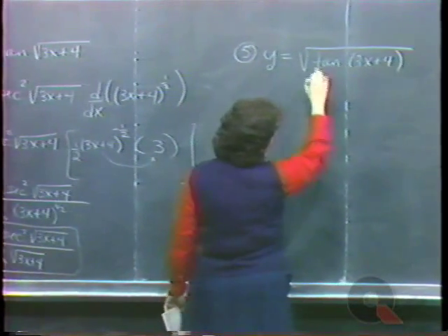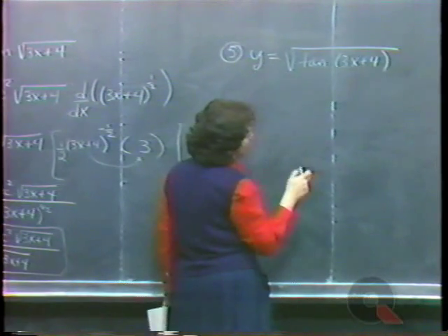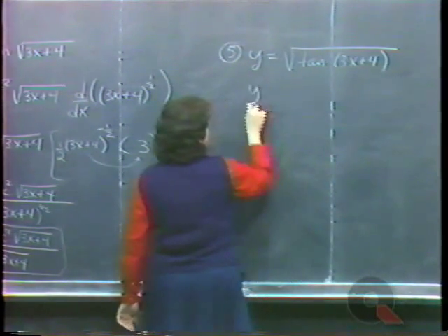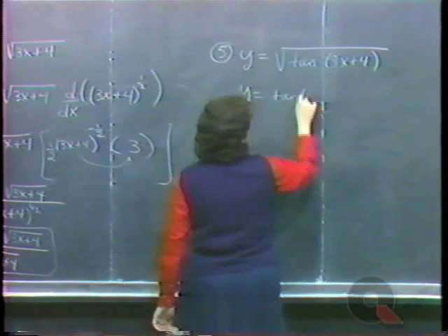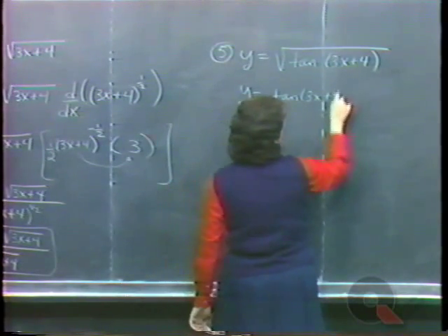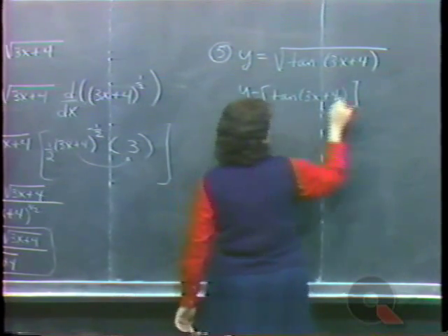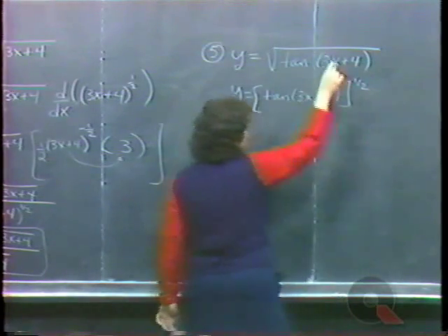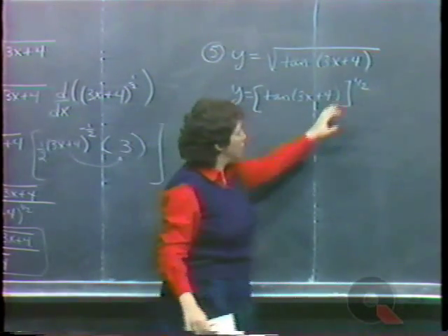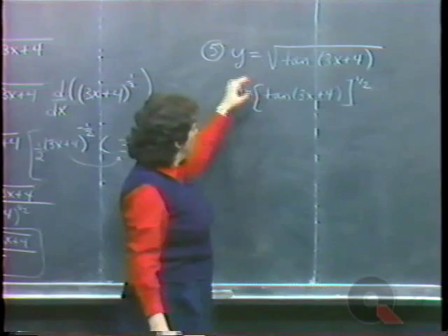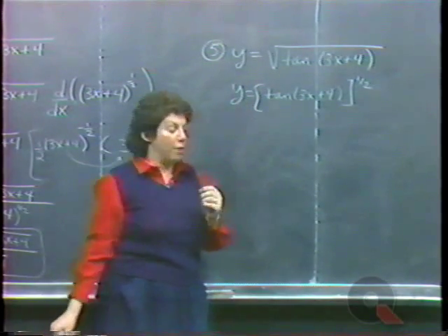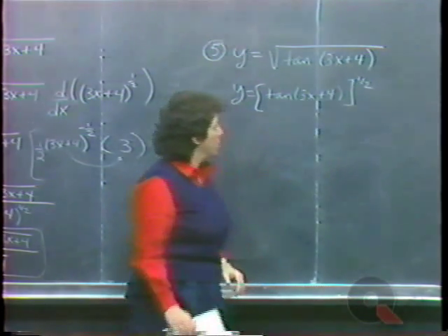We have here the square root of the tangent of 3x plus 4. This is really tangent of 3x plus 4, all raised to the 1/2 power. The square root of something, we've seen, means that something to the 1/2 power. So this is primarily a power. It's a function to a power.